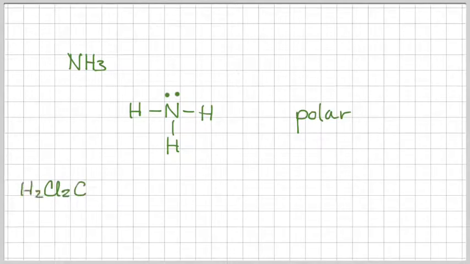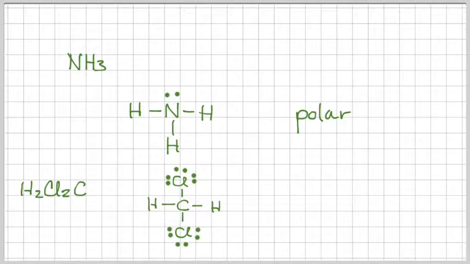You can write it several different ways. Dichloromethane. So this has 2 chlorines on it and 2 hydrogens. And of course the chlorines are going to have their little octets with the lone pairs. Polar or nonpolar? Polar. There are no lone pairs on the central atom, but we have 2 different kinds of atoms here.